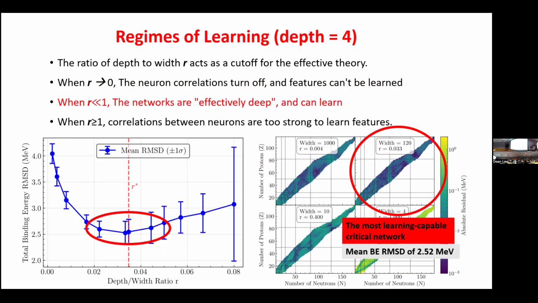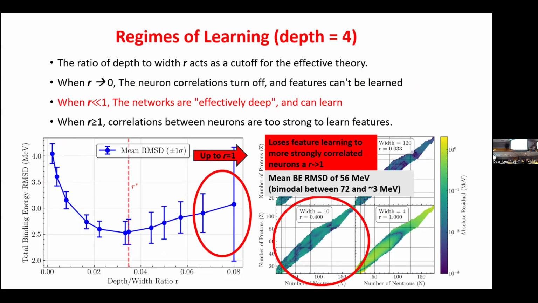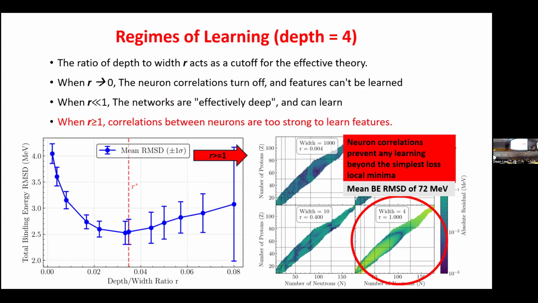If we go down to this central pit here, you can see that the networks get a little darker. It means that they're getting better residuals and there's actual feature learning happening. And we can see that there's also an optimal ratio of depth to width, which is a nice thing to see. And then finally, as we move from this valley and approach 1 or greater, we start to lose any features or performance because the networks are becoming overly correlated.